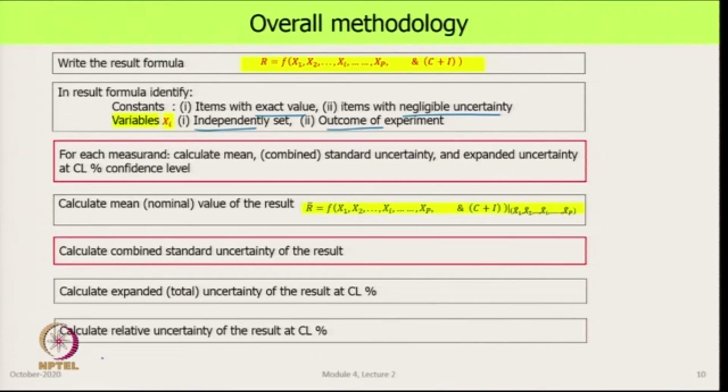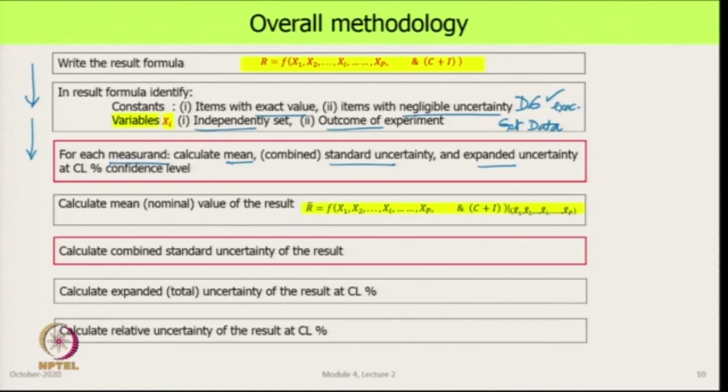We do the experiment and collect all the data. So, execution has been done, we got all the data. Then, as we have seen in the earlier result, we calculate the mean, the standard uncertainty and the expanded uncertainty of every measurand.